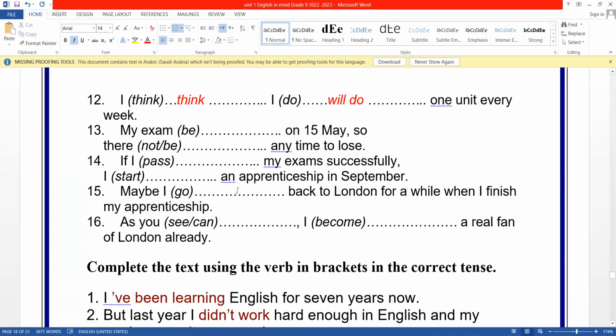My exam will be on 15th May. So there won't be any time to lose.